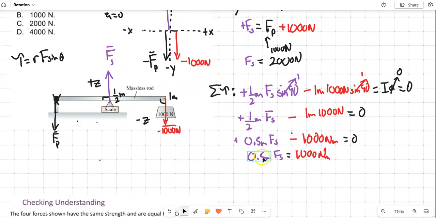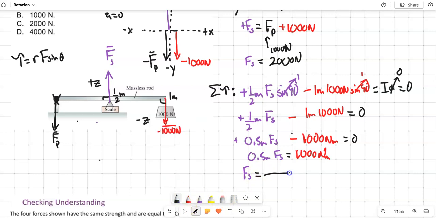Moving this down, now what we have to do is divide both sides by 1/2. When we do that, we're going to have F sub S on this side, and on the other side, 1,000 Newton meters divided by 0.5 meters.